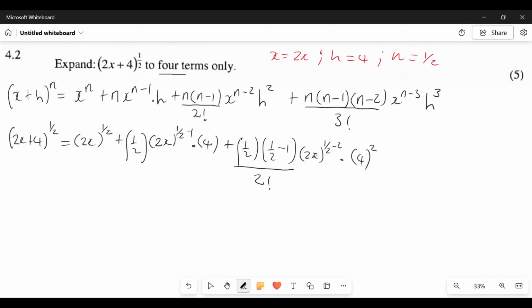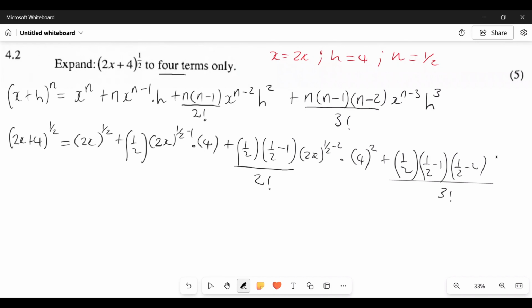And then we do the last term, guys. So in our last term, we have n, which is also 1 over 2, multiplied by n minus 1, 1 over 2 minus 1. There we go. Half minus 2. And then all this is divided by 3 factorial. There we go.